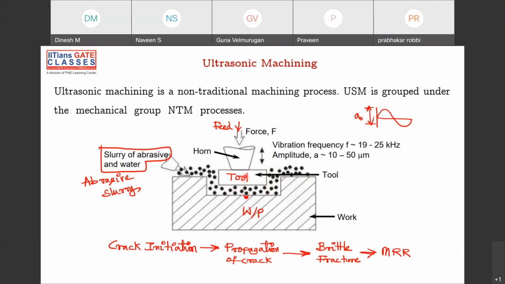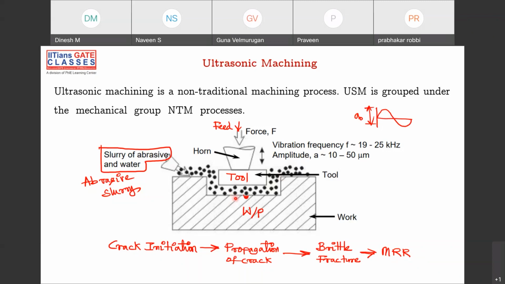The vibration hits one of the particles, and this particle attains some momentum, mass into velocity, and that momentum carries it to hit the workpiece with high velocity.